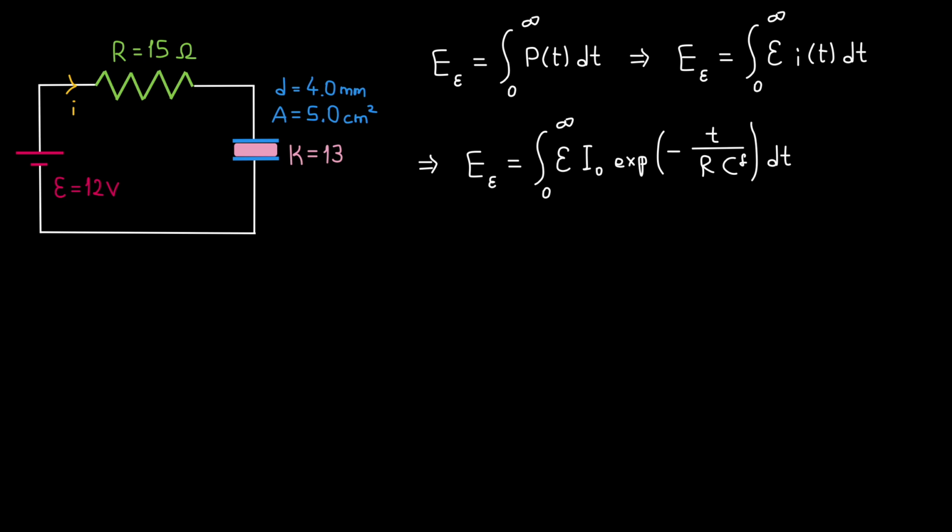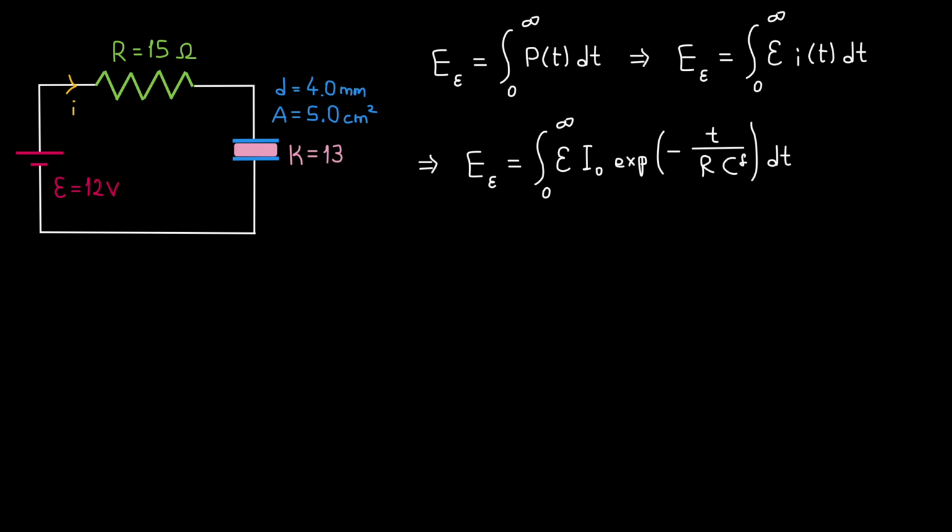And what is the formula for current? It's equal to its initial value, initial current I0, that's what we calculated all the way at the beginning of this problem, times exponential of negative t divided by RC, being the time constant of this RC circuit.